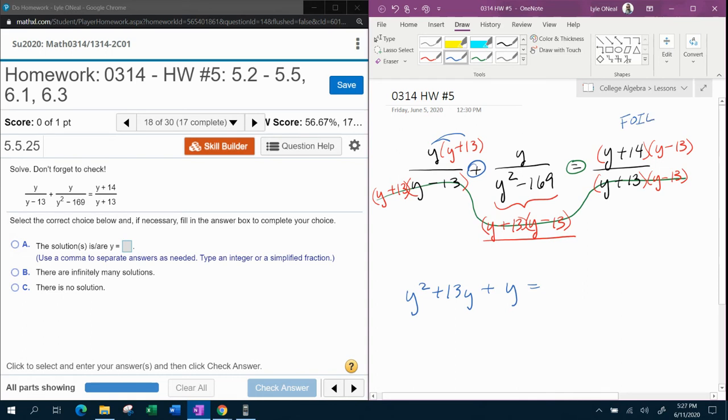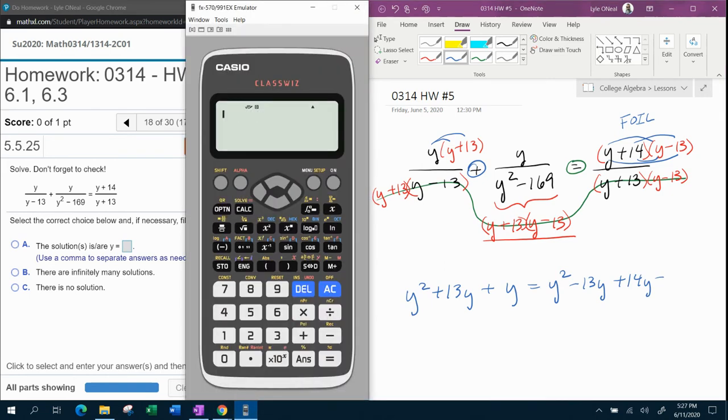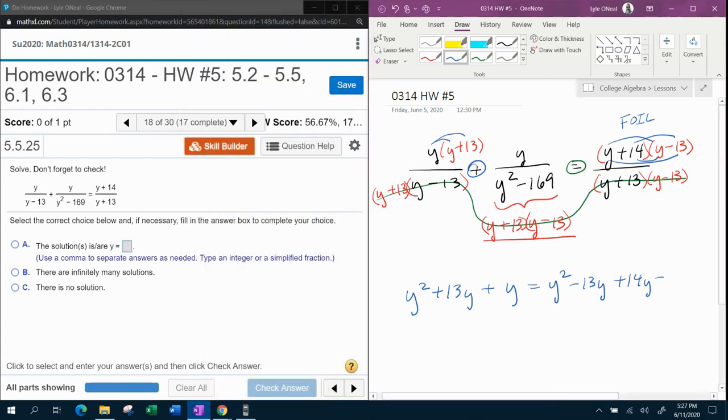Let's FOIL it. y times y makes a y squared on the outside, minus 13y on the inside, plus 14y. Last but not least, negative times a positive makes a negative, and I'm going to need some calculator assistance. 14 times 13, 182.